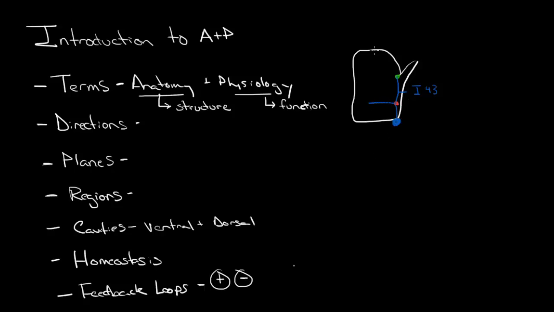And so in studying anatomy, we learn about where and how structures are connected to one another and how they fit in the overall landscape of an organism. Now, physiology is the study of function.